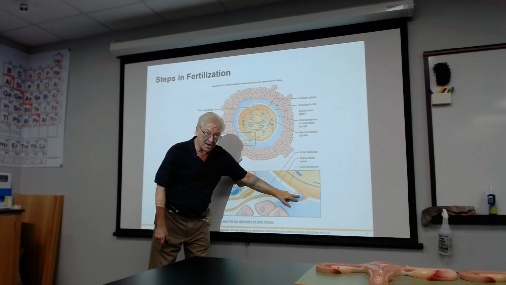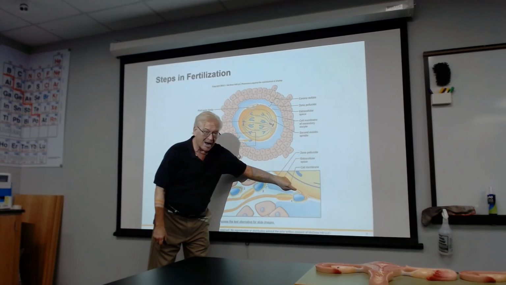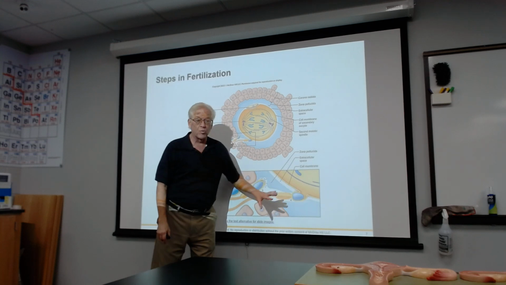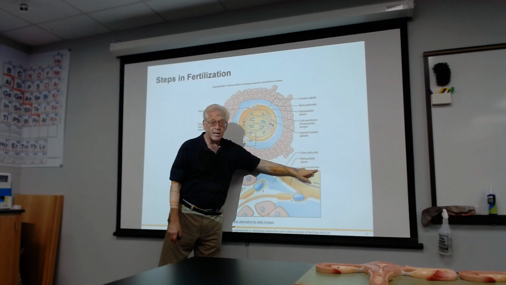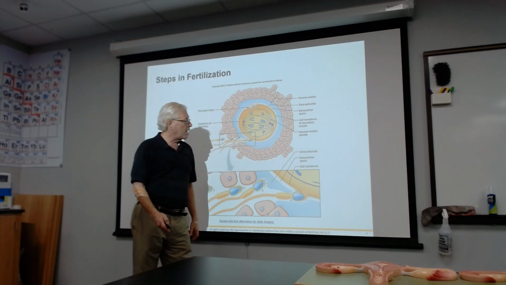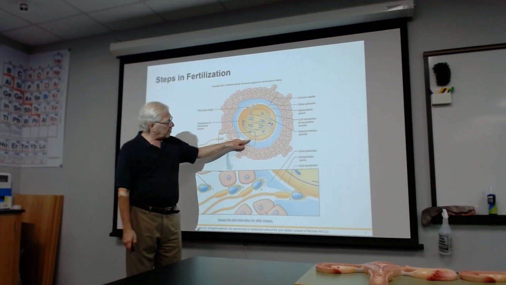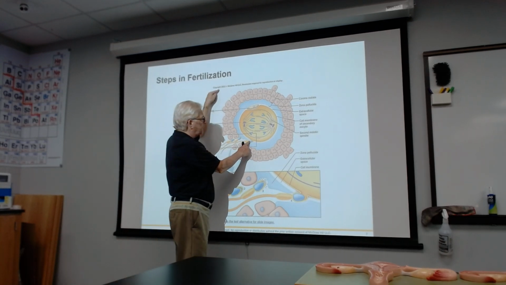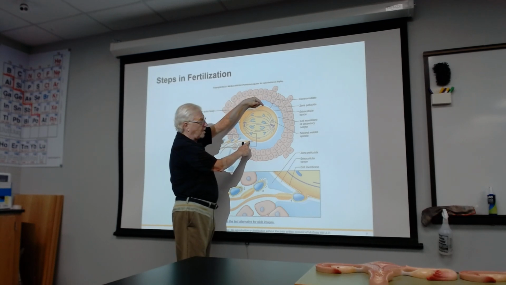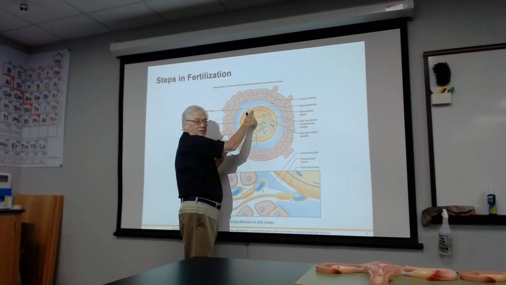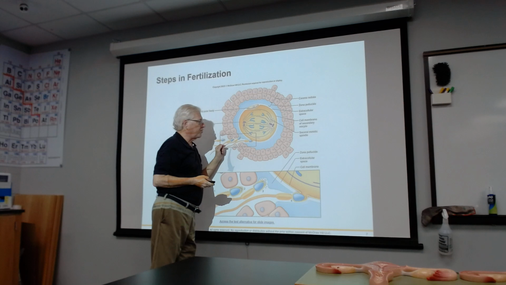And the sperm that is the first one to make contact with the membrane of the egg is the one that gets to put its DNA inside for fertilization. Make sense? However, just because there's one sperm over here doesn't mean there's not another one on this side. Oh, here, what's this? A polar body, off to the side.